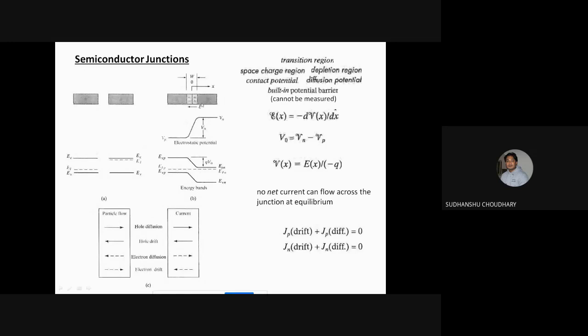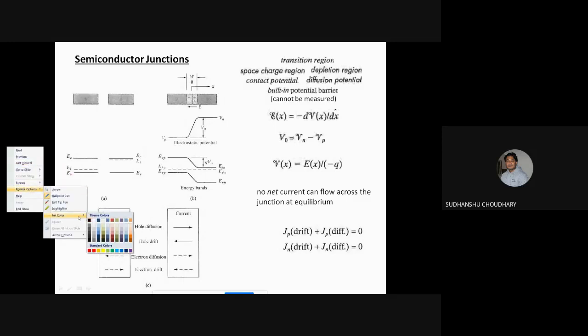Till the time a concentration gradient exists, they will continue to diffuse. Okay. But yes, at equilibrium, the drift and diffusion will be balanced, so that you have no net carrier movement across the junction and the current is zero in that situation. Now let us again identify these keywords which I have written for you.